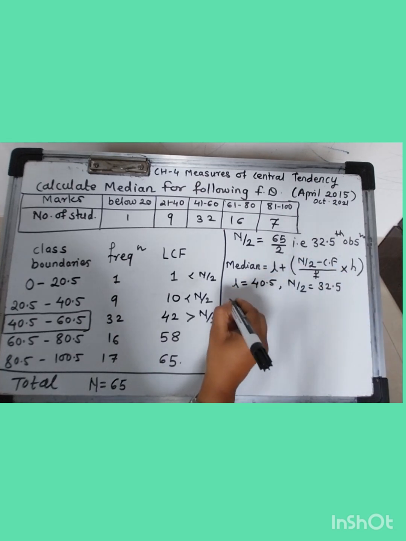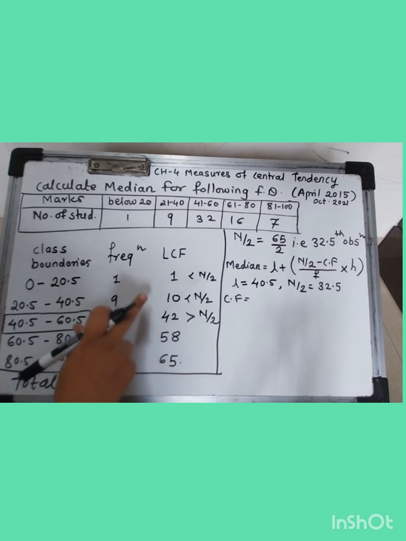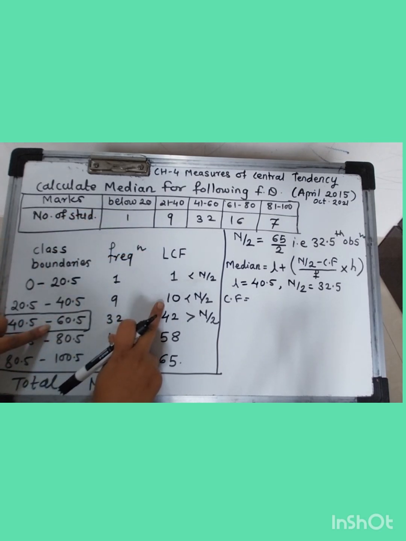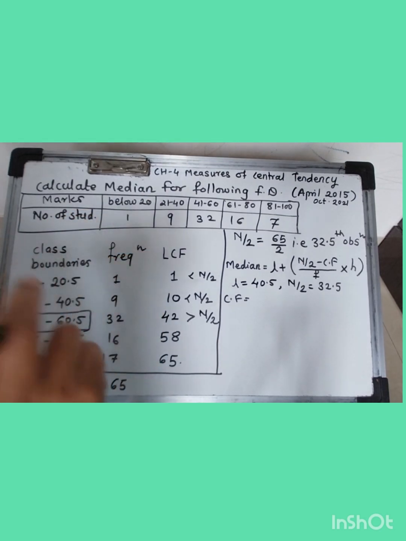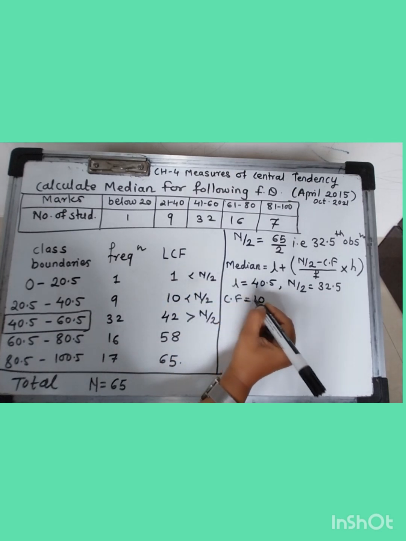Okay. CF. What is the CF? CF is the less than cumulative frequency of the class just preceding the median class. Means it is 10.